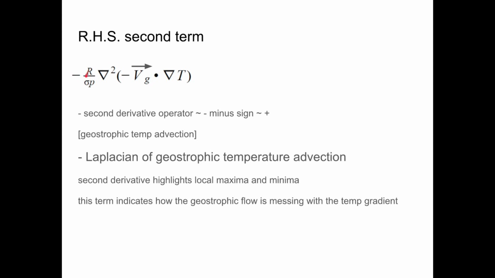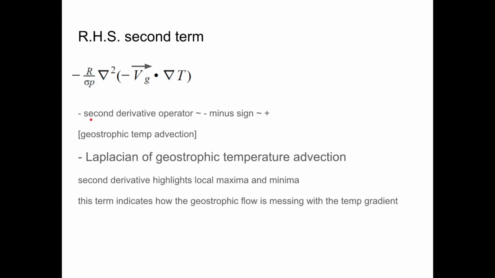So we can just think of this as a constant, and we're taking minus del squared of the geostrophic temperature advection. So del squared, remember, is the second derivative, partial squared dx squared plus partial squared dy squared, the Laplacian operator. And we're basically taking the Laplacian of the geostrophic temperature advection, and multiplying it by minus 1.